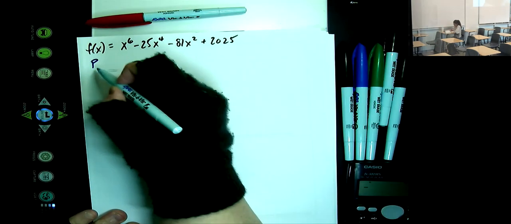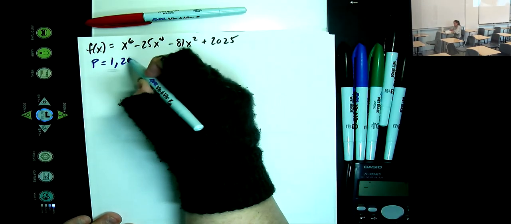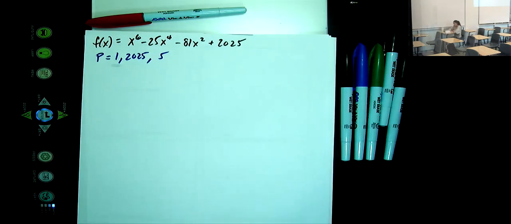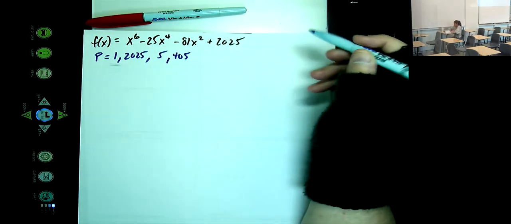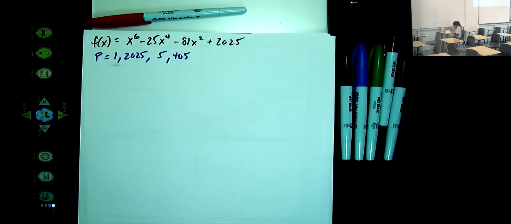P is crappy. Q is easy. But we've got 1 in 2025. 5 clearly goes into it, with 405. Five goes into it again.